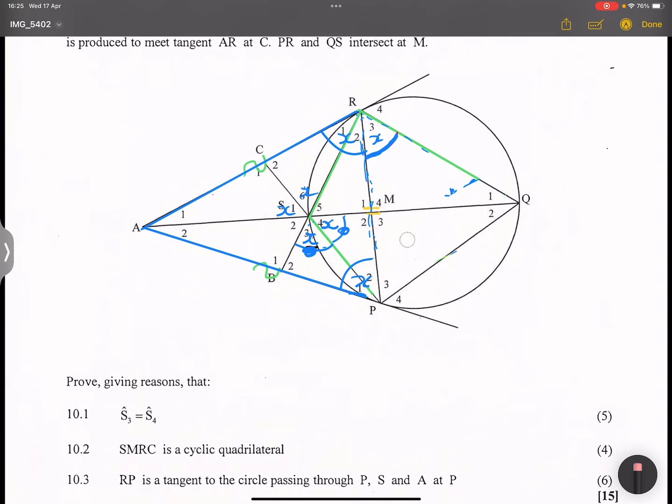Now I want to take you through it again, ladies and gents, right, without all of these disturbing diagrams or images, right? So where did we start? We started at S4. We said S4 is equal to R3, angles at same segment, but because RP was equal to QP, all right, so RP is equal to QP.